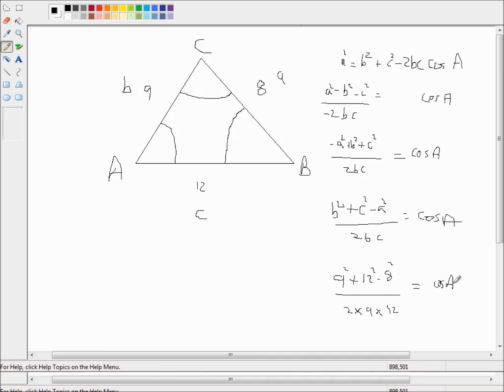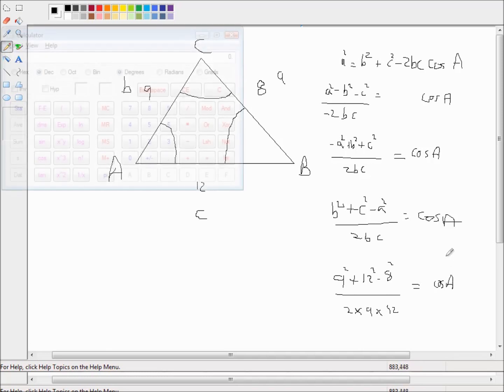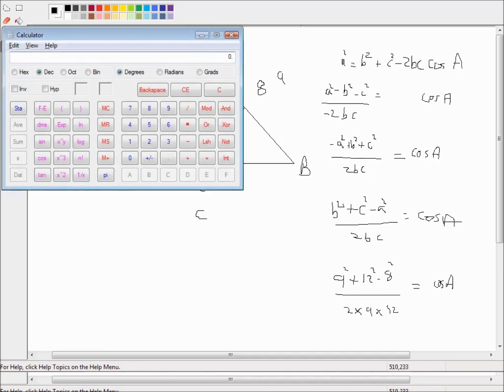And now it's calculator time. So the first thing to do is to check that it's on degrees, which it is. So let's type this in.